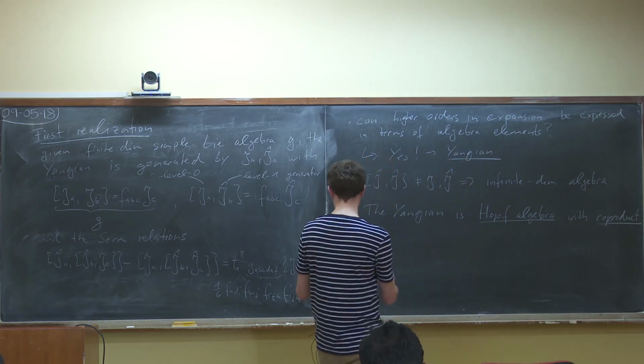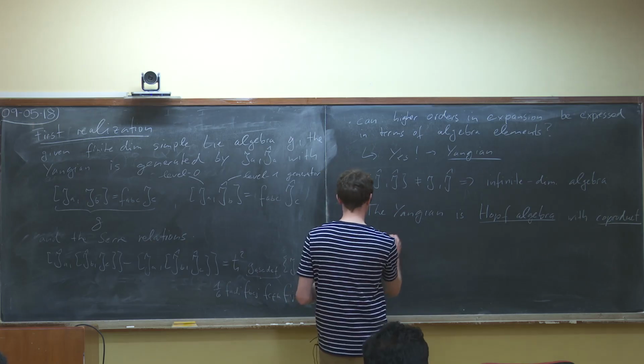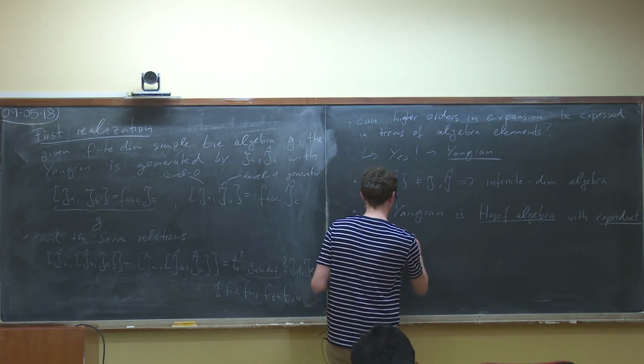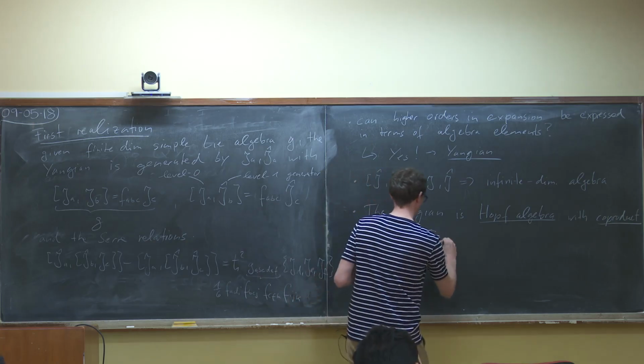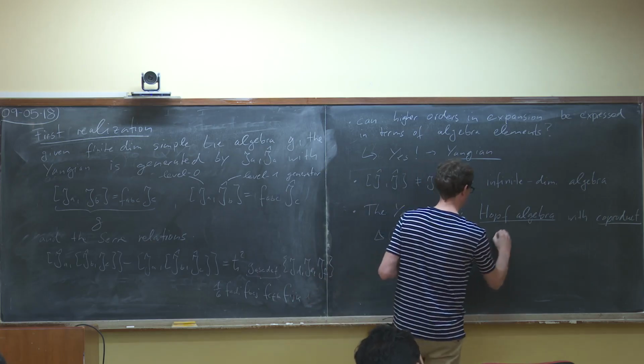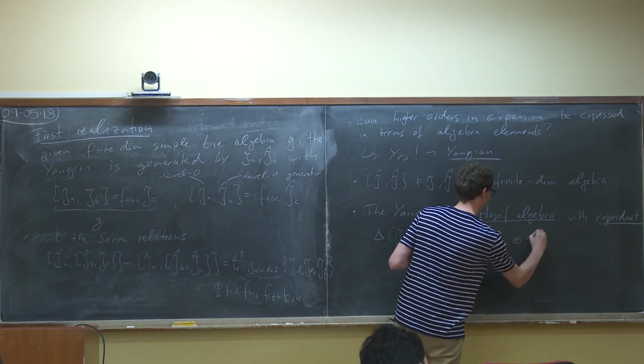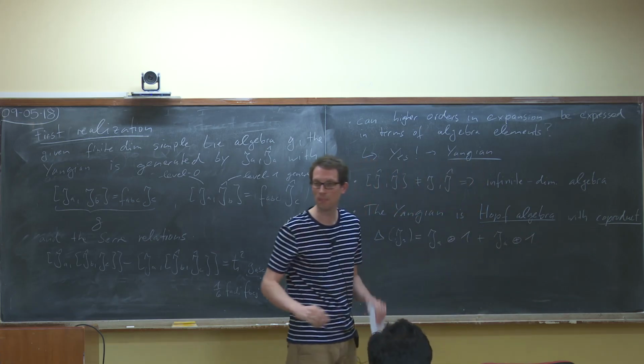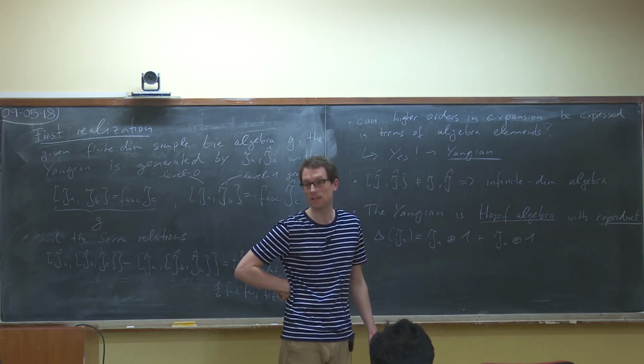And the Yangian has a particular coproduct, so for the Lie algebra generators, it's just the standard tensor product action, on a direct product.